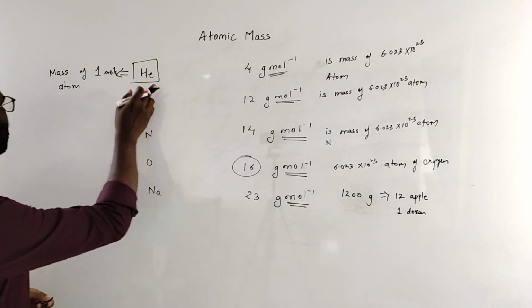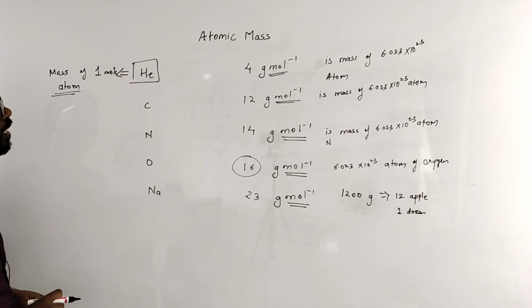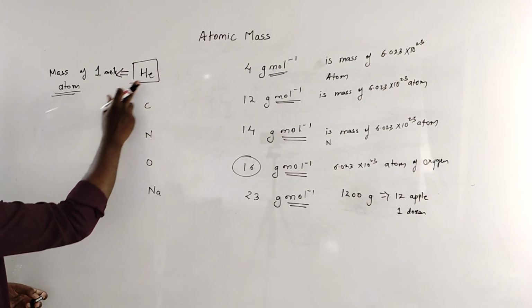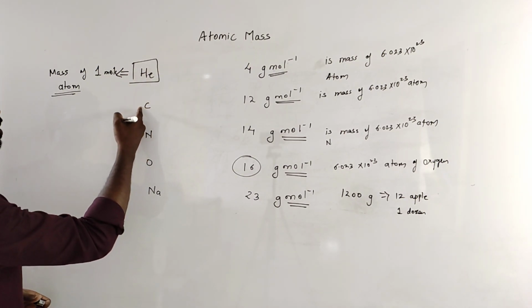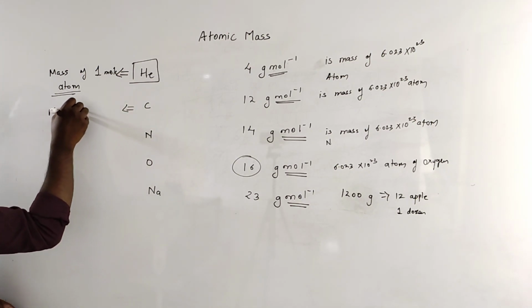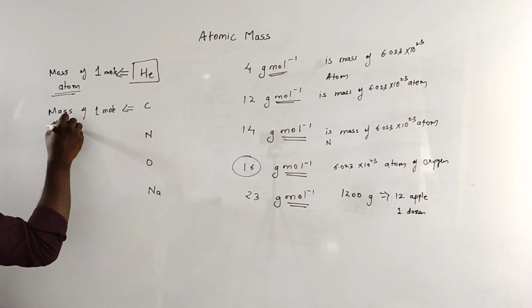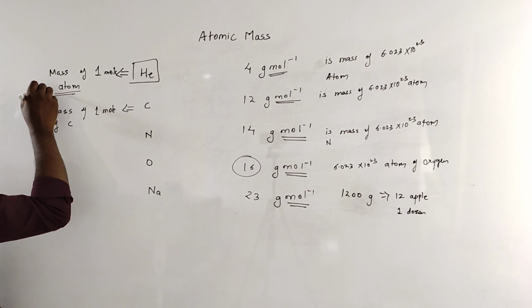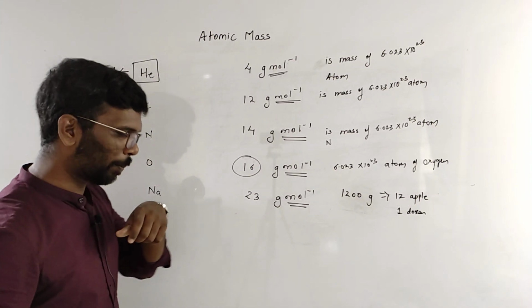So the mass of 1 mole of helium atoms will weigh 4 gram. The mass of 1 mole of carbon atoms will weigh 12 gram.